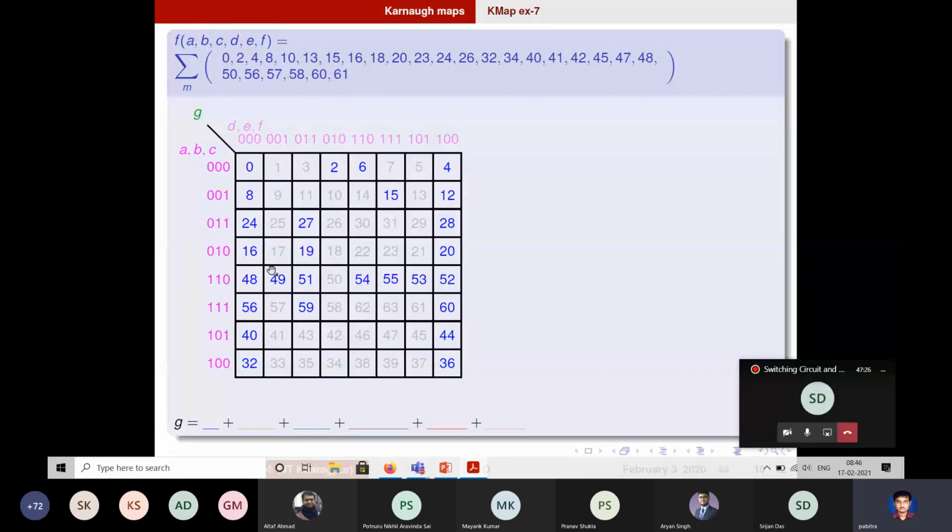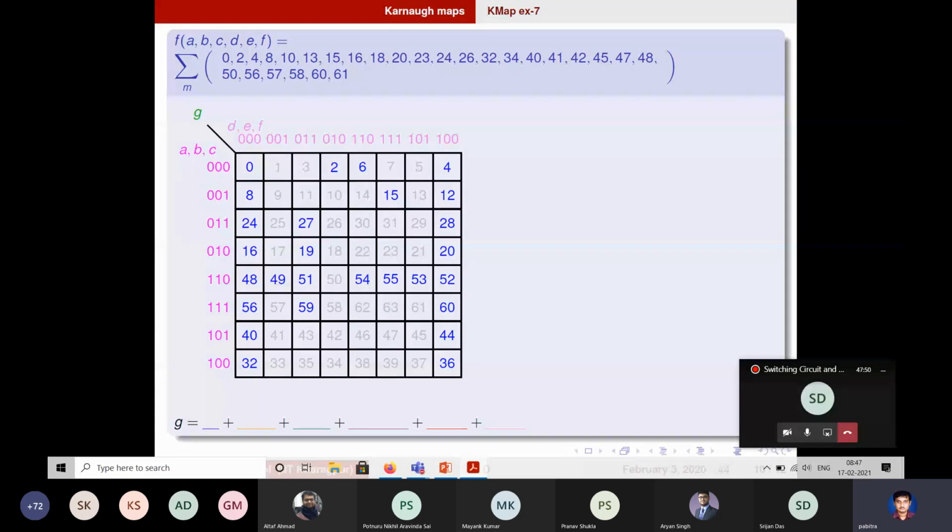So 19 and 51 are adjacent, 27 and 59 are adjacent. The same thing that we talked about for vertical reflection holds for horizontal reflection also. So can you tell me what the cubes are here? What is the largest cube here? 16 sized.